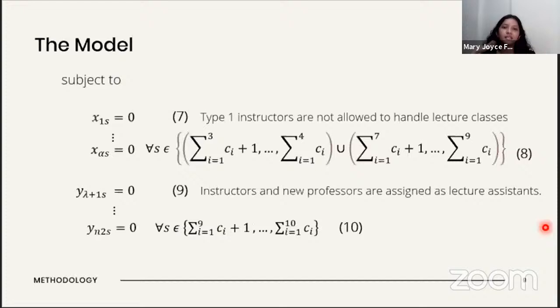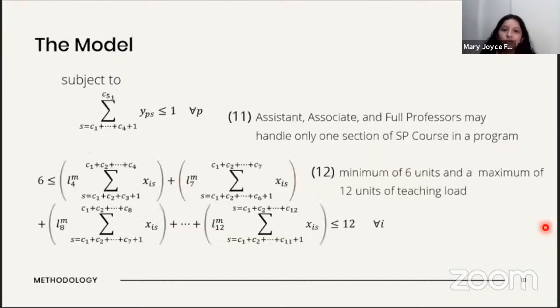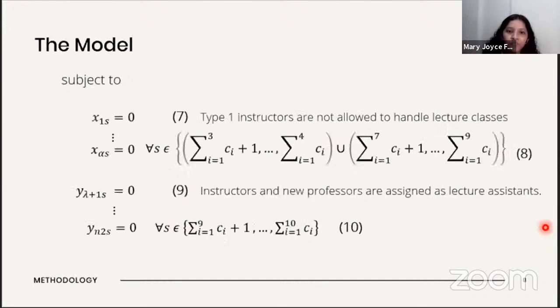Next is Type 1 instructors are not allowed to handle lecture classes, meaning we are going to equate to 0 yung binary ng mga type 1 instructors sa subjects na lecture classes, kasi bawal nga niyang i-handle yun.